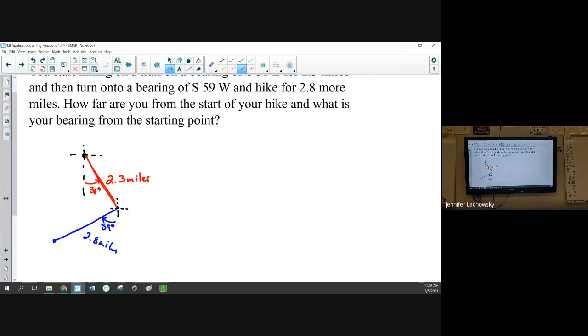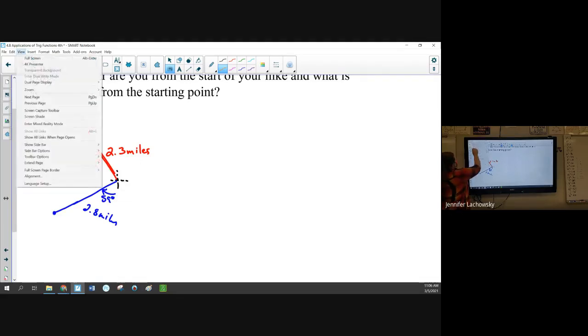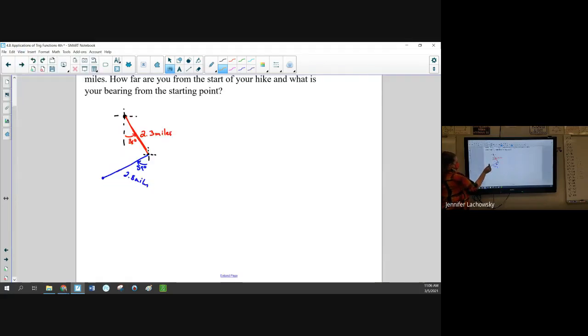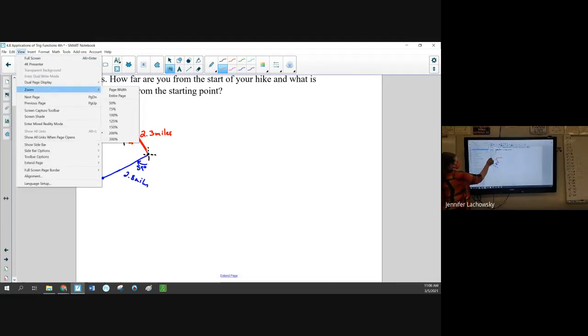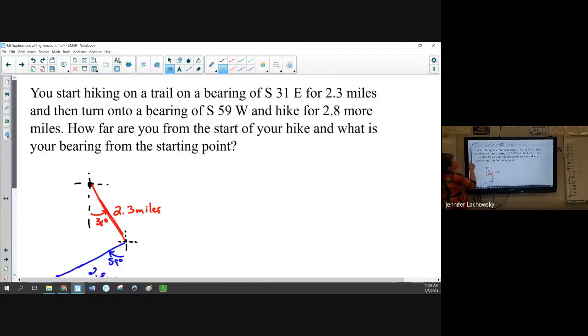Okay, so tell me the angles I know. I'm going to zoom in. That didn't help. Whatever.